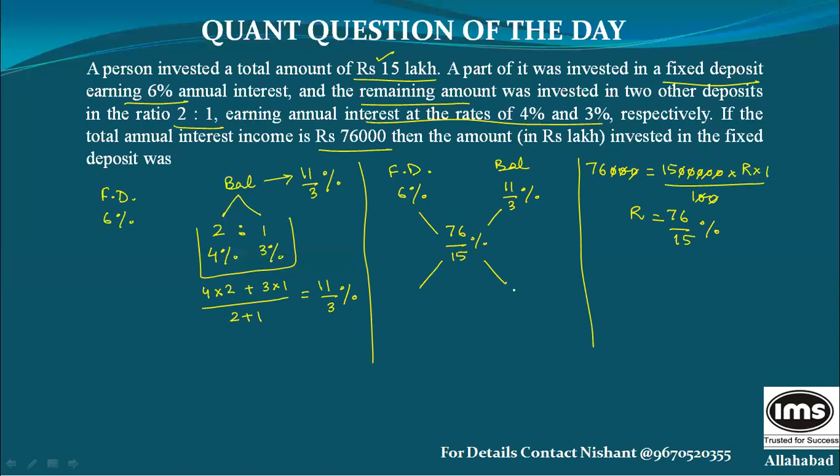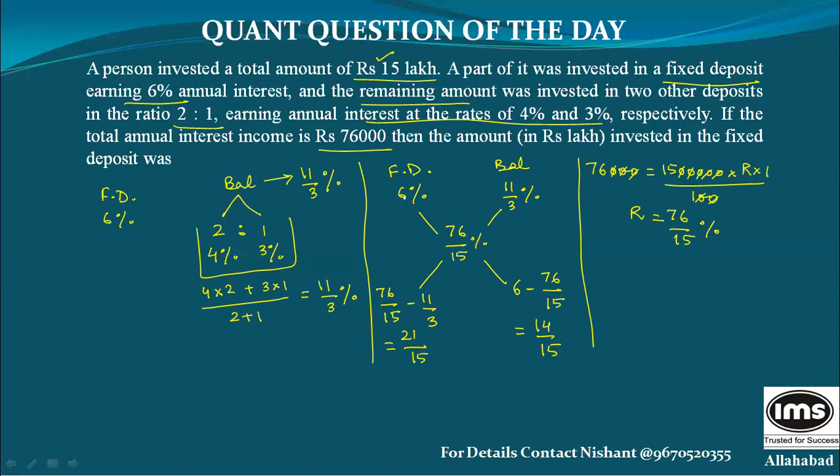Now in this diagonal, larger number minus smaller number, and in this diagonal, larger number minus smaller number. This gives me 21 by 15 and this gives me 14 by 15.